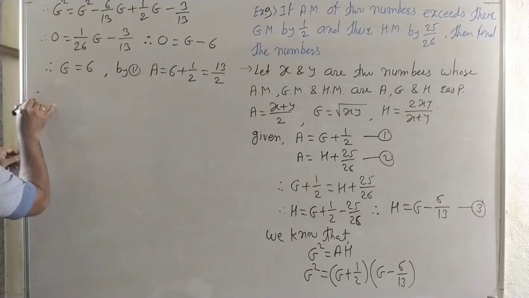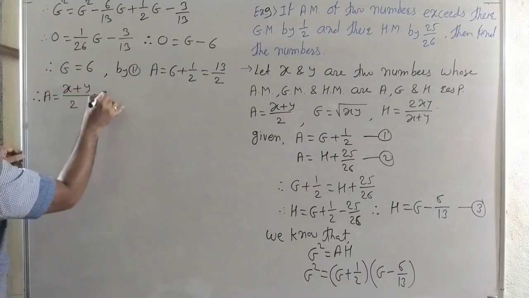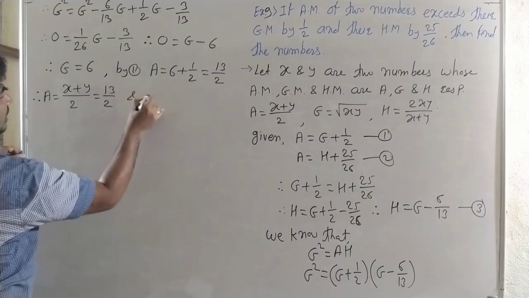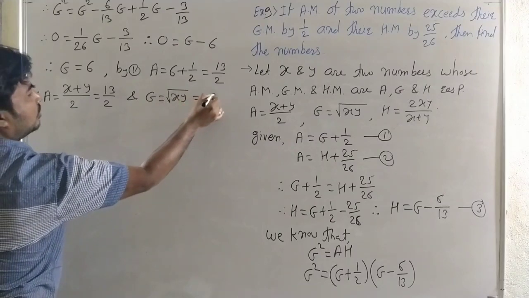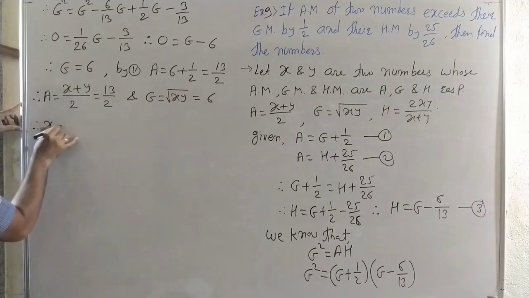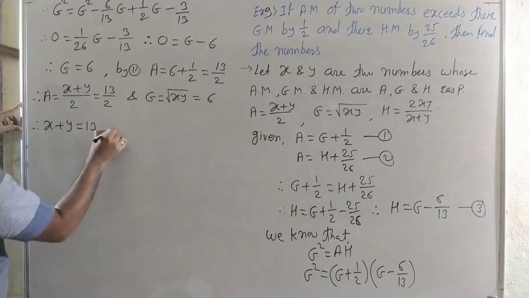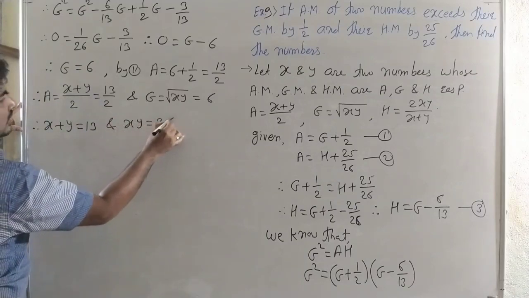Therefore we can write arithmetic mean x plus y upon 2 is equal to 13 by 2, and G, under root of x into y, is equal to 6, and therefore we can write x plus y is equal to 13. This 2 gets cancelled, and x into y is equal to 36.